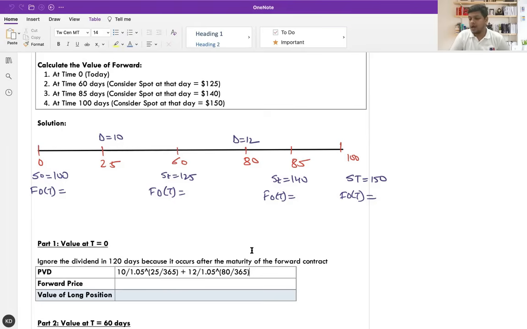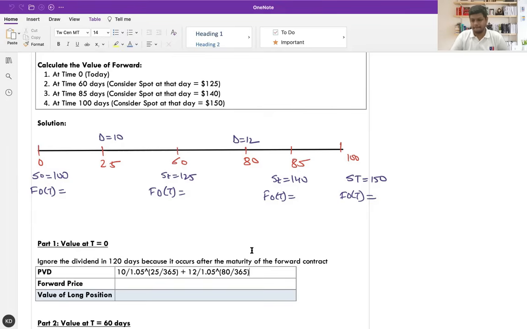Yes. Now, press the open bracket sign above 7, 25 divided by 365, close the bracket and press equal to. Tell me what is the value that you get? 1.00335. Correct.